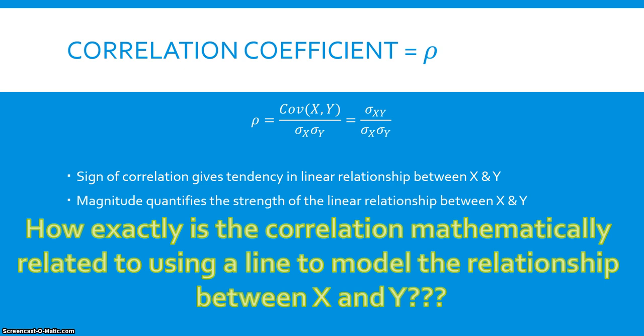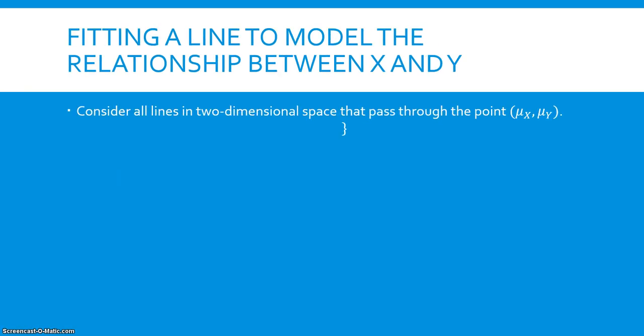How exactly is the correlation mathematically related to using a line to model the relationship between x and y? If we want to fit a line to model the relationship, we can consider all the lines in two-dimensional space that pass through the point mu of x and mu of y.